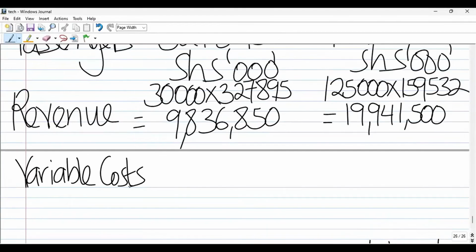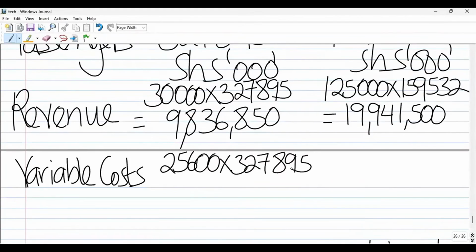So local, they've told us that the variable cost per passenger is 25,600 times the passengers, which are 327,895. International, 119,000 times 159,532.